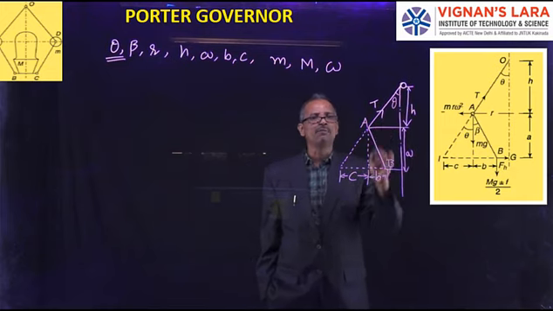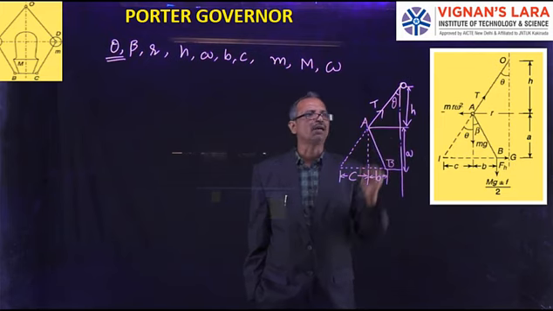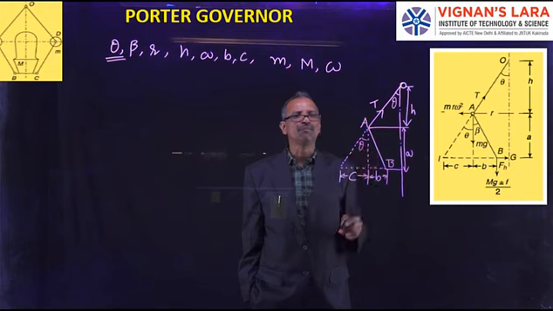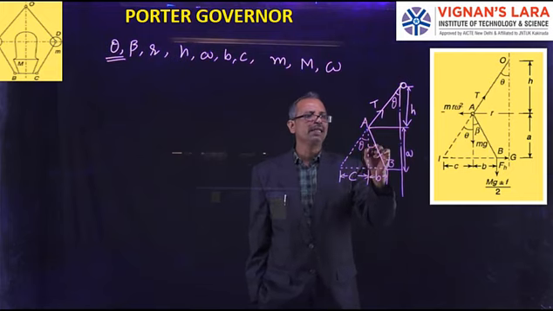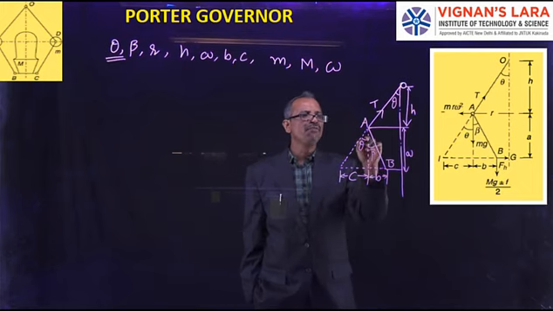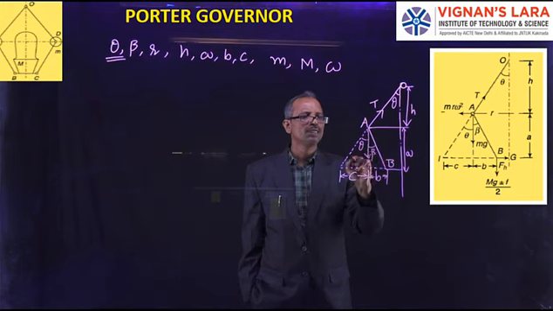The upper arm makes an angle theta with the vertical. When this is theta, automatically this also becomes theta. And I defined another angle, this is beta.